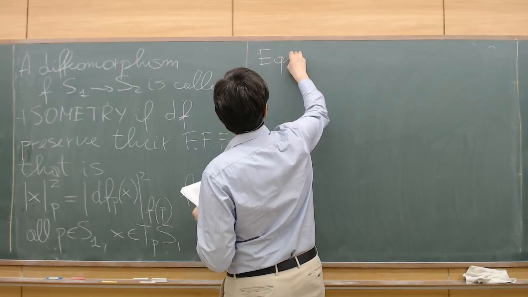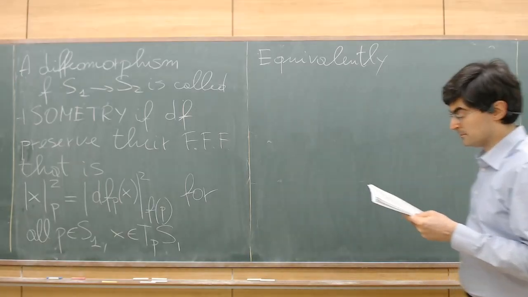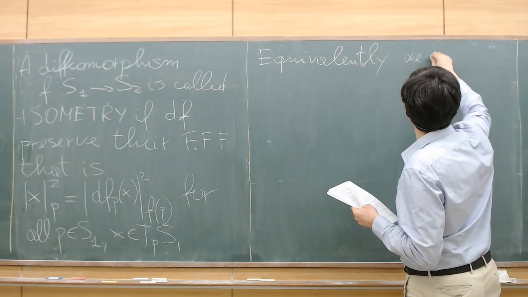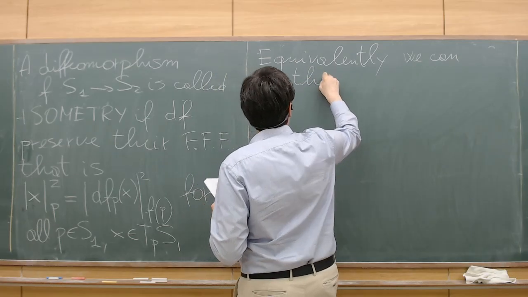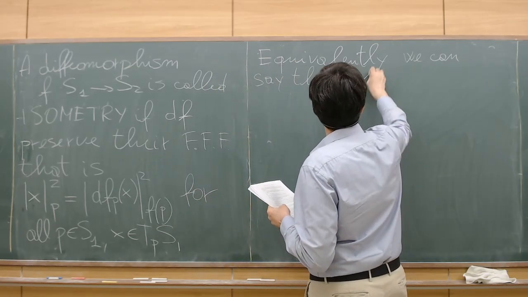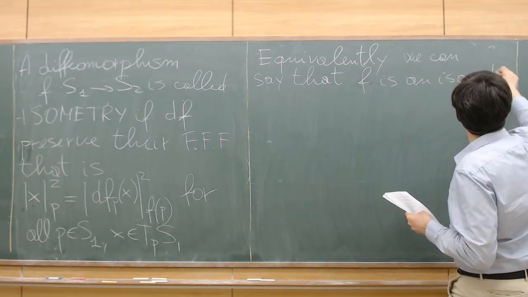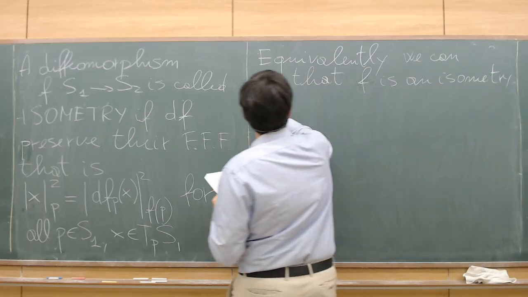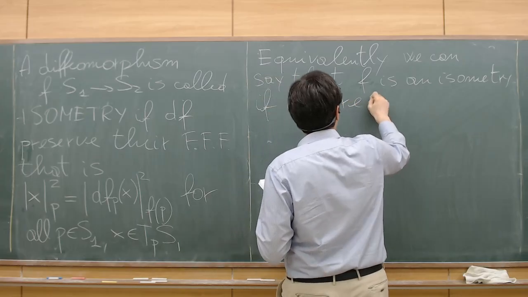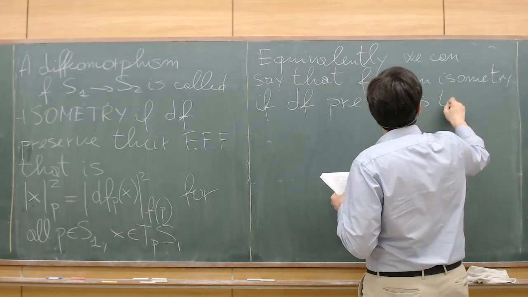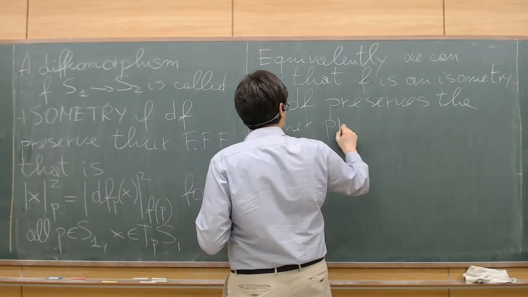Equivalently, we can say that F is an isometry if dF preserves the inner products.